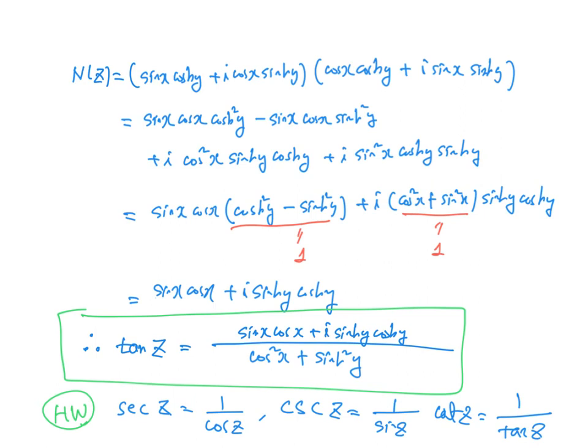How about cosine hyperbolic z? So we are covering the exponential functions first. I might be going a little bit fast.